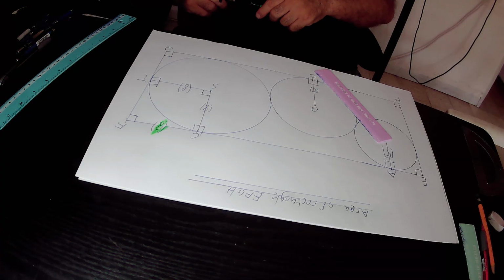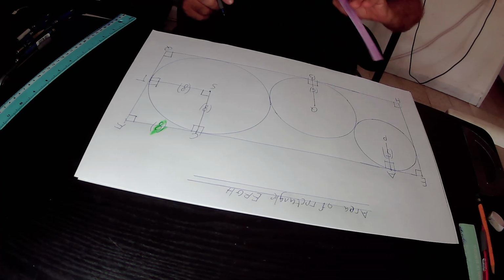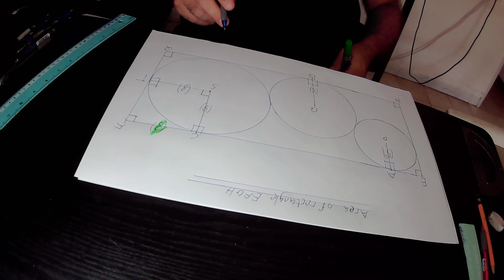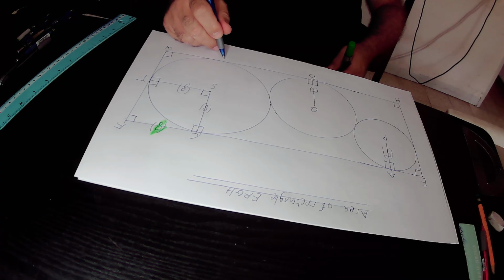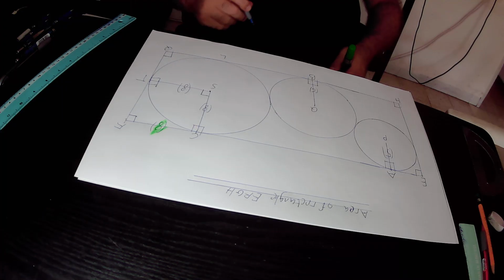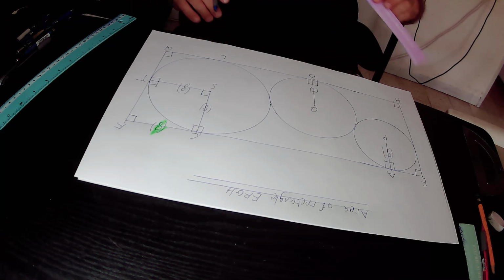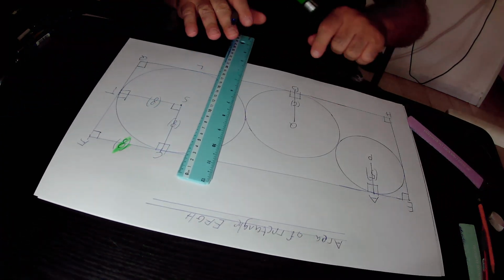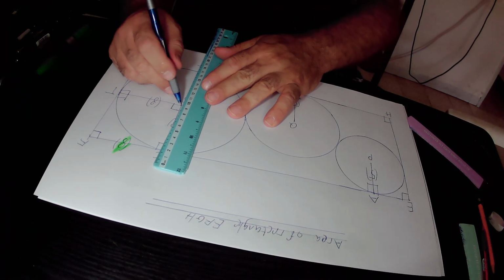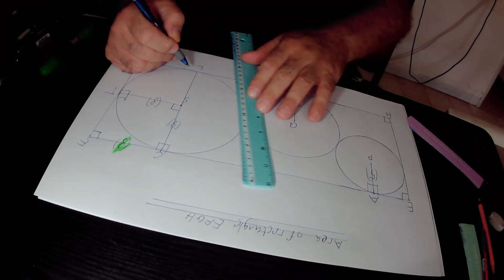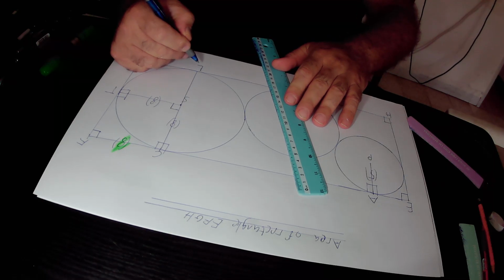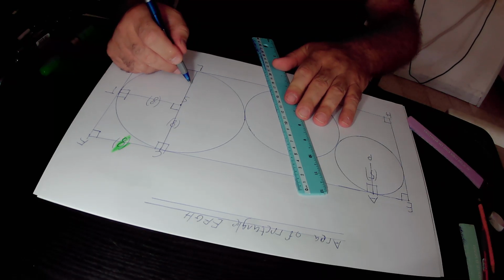We will define the point of tangency of tangent HQ with this big circle. This point is point L, and we will join points S and L together by a straight line. SL is of course the radius of this big circle.